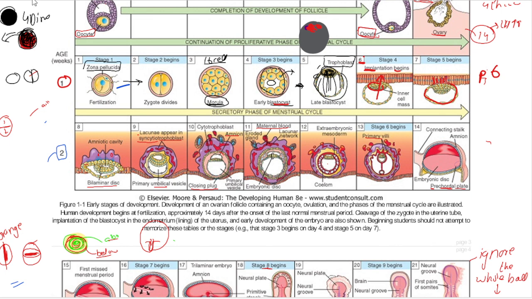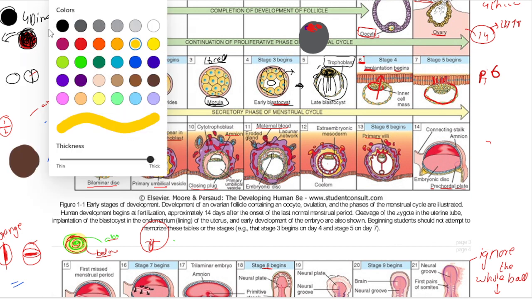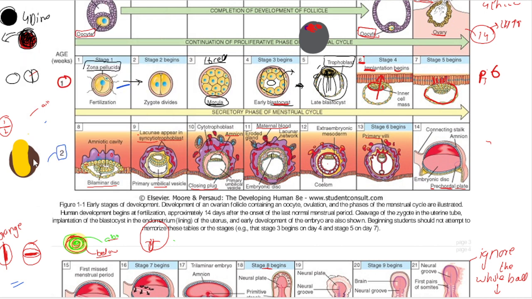Actually, the outer covering is the trophoblast. Now this will enter into the uterus of the mother, and after entering, what will happen?